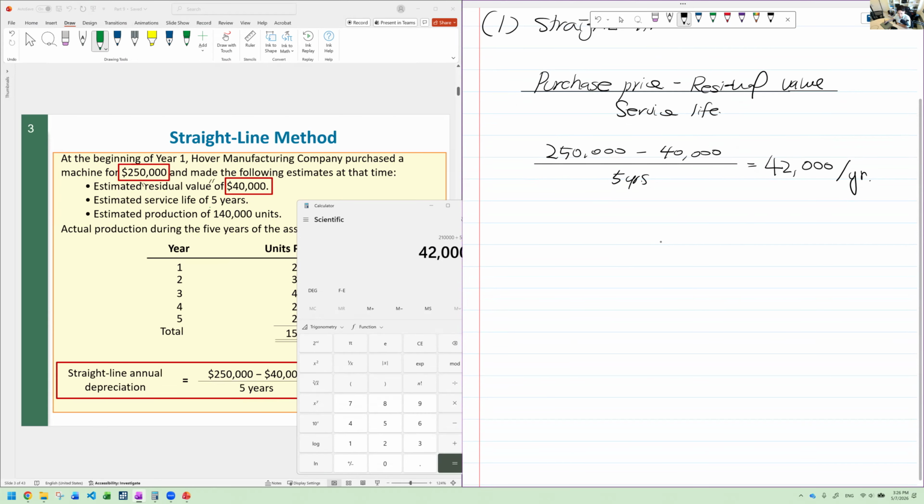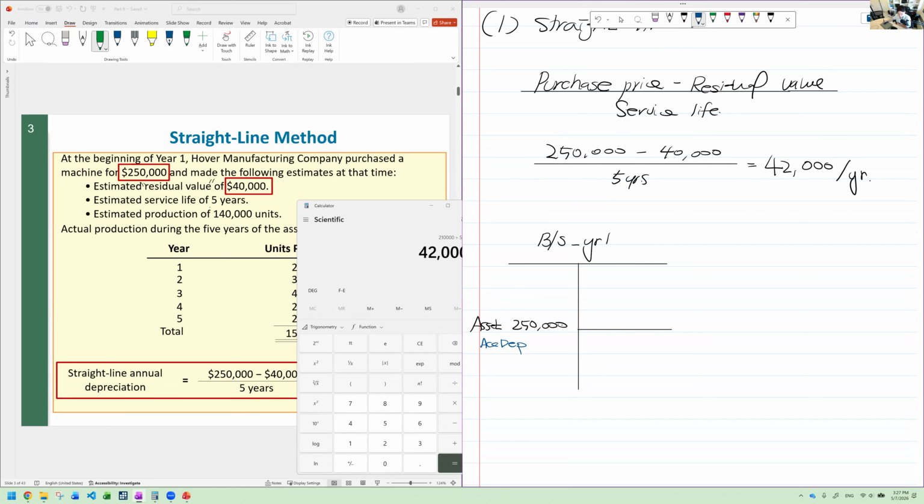In the balance sheet, at the end of year one, we have this long-term asset, the purchase price, $250,000. And then below that line, you will see accumulated depreciation account.